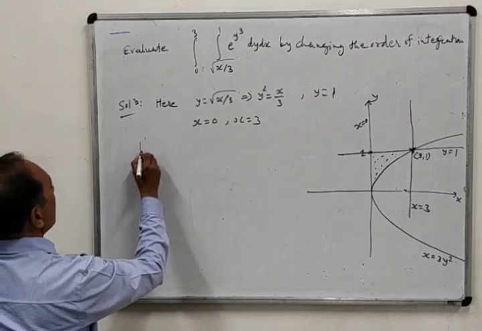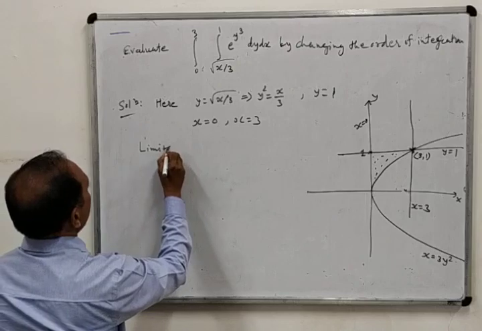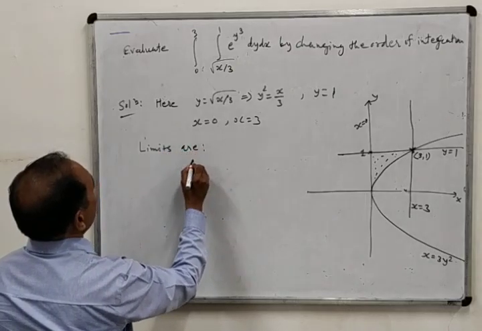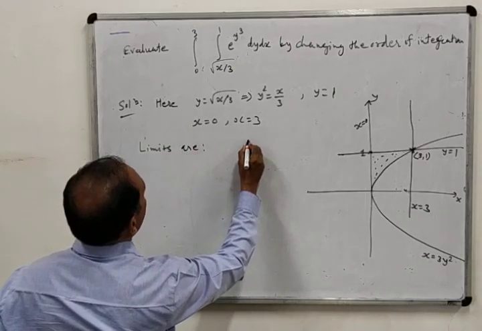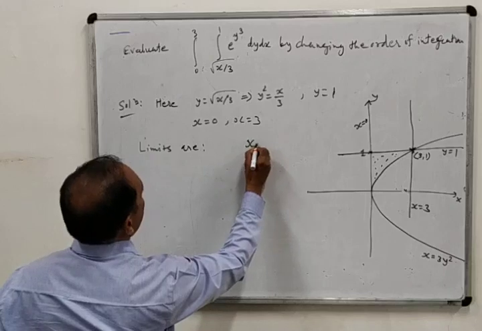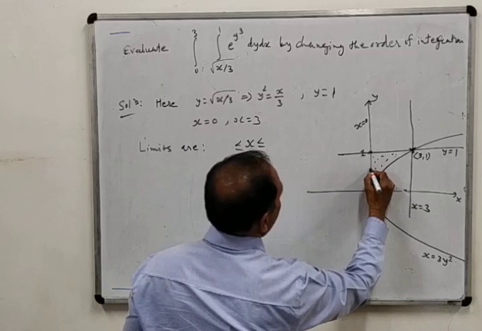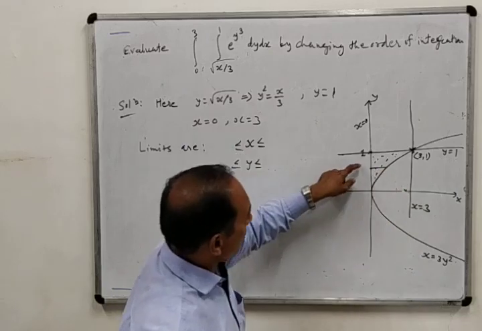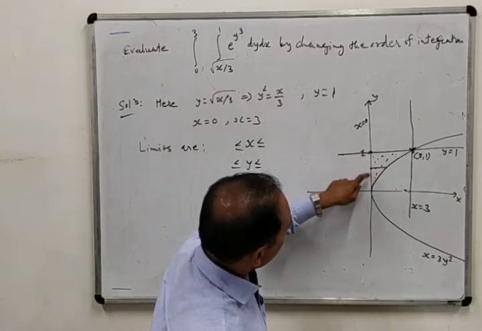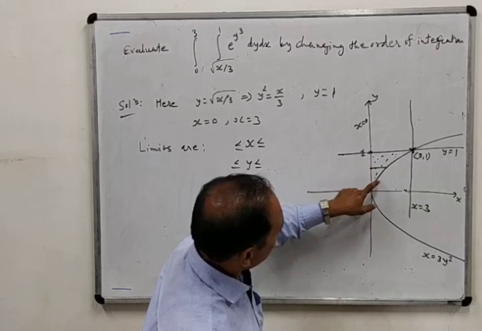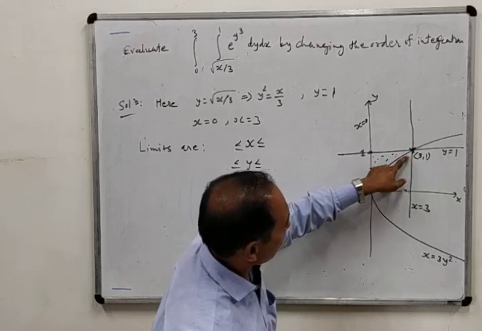Therefore, these are now the limits of x. We will take a straight line parallel to the x-axis. Here you can see that this endpoint is on the same curve throughout, and this endpoint is also on the same curve throughout.